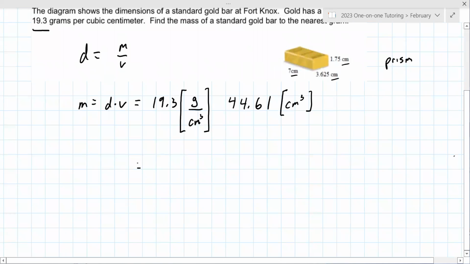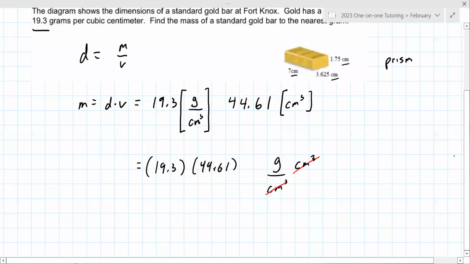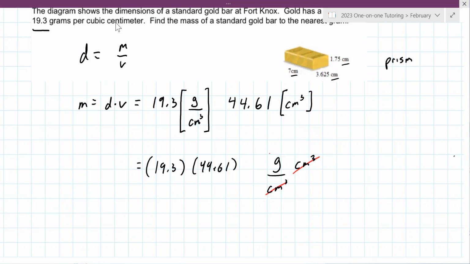So you're going to take this 19.3 and multiply it by the 44.61. Now notice the units though. Do you see how the centimeters cubed cancel? So it would just be in grams. That's what it says. And that's kind of a good check, they call it a sanity check, to make sure your answer is in line here.